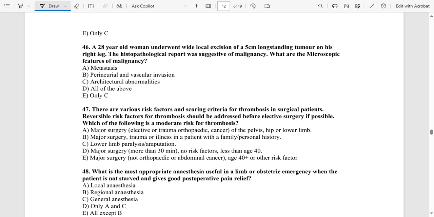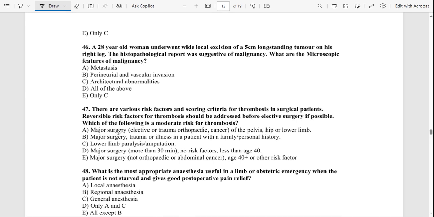And then architectural abnormalities, for example, disorganized tissue structures, loss of the polarity of the cells. Normally, a cell is going to have the basal pole and the apical pole. There can be loss of that, even abnormal gland formations. All those are architectural abnormalities. So it's C of the above.